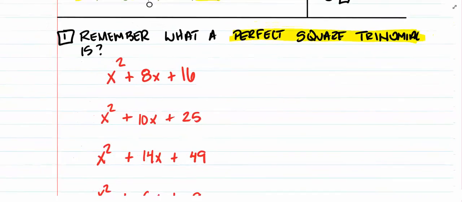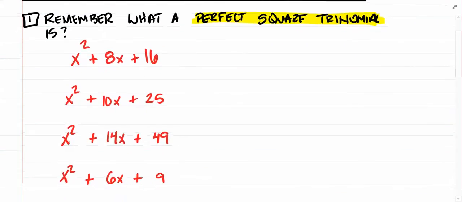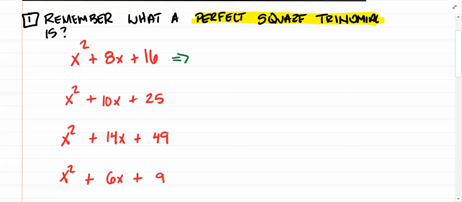The first thing I have for you is, do you remember what a perfect square trinomial is? I have a couple of examples for you. X squared plus 8x plus 16. This is a perfect square trinomial because it can be written in the form of a squared plus 2ab plus b squared.